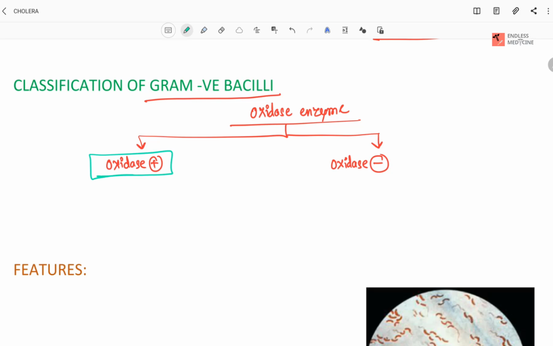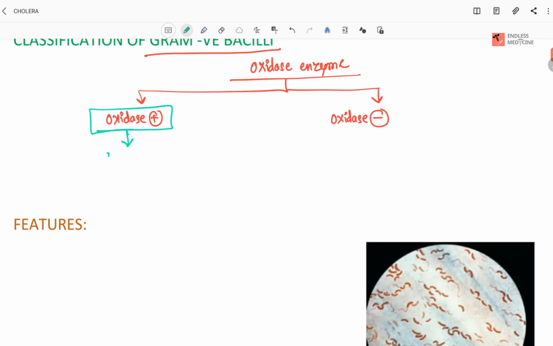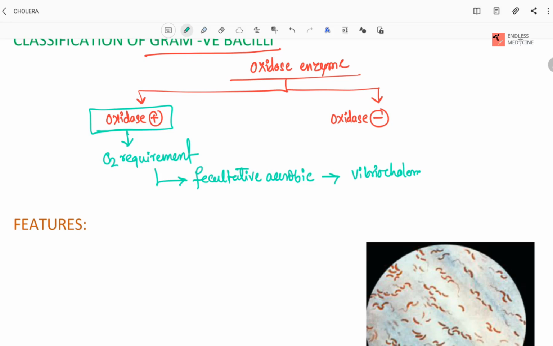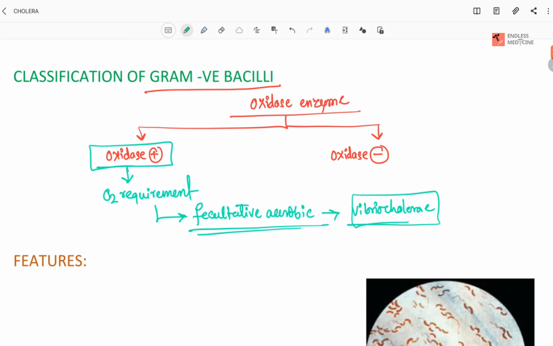Oxidase positive organisms, depending upon O2 requirement, are divided into aerobic, anaerobic and facultative aerobic. Vibrio cholerae is under the facultative aerobic, that is, it is oxidase positive and facultative aerobic.